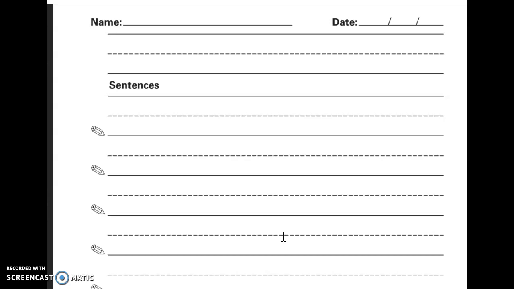Okay, so that first word, Ned, does that have the short E sound? Yes, it does. It's exactly like bed, but instead of the B sound at the beginning, it has an N sound. So that would be easy for you to write.